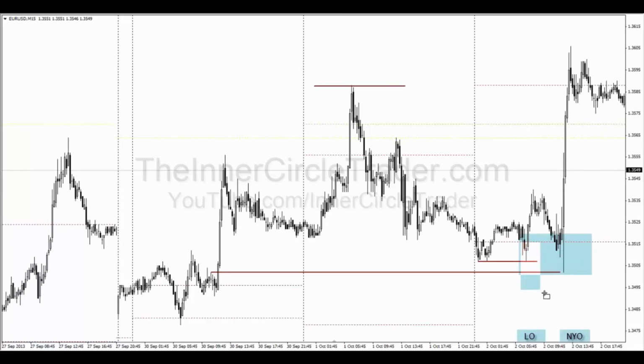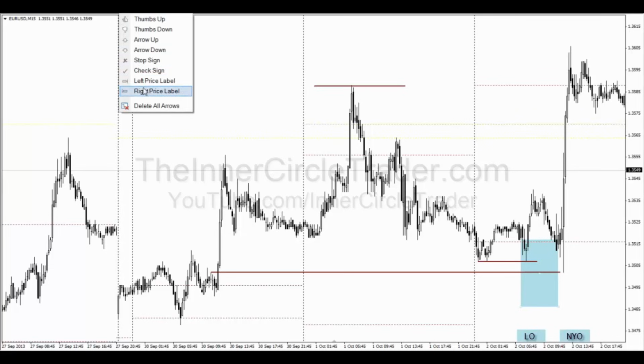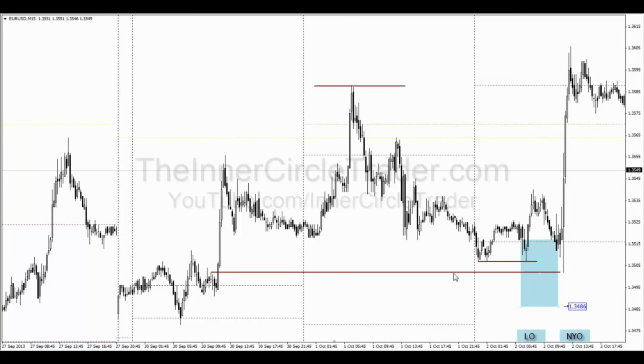Let's get rid of this rectangle here. If we use 30 pips as a stop, our stop would reside down here, 134.86 or thereabouts.